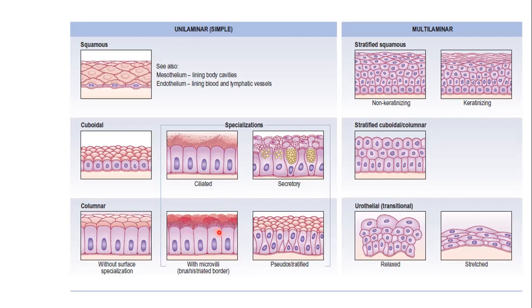Different from cilia, which is for movement, microvilli is for increasing surface area for absorption. So we find microvilli, a lot actually of them, in the proximal convoluted tubule. In the distal, the microvilli is there, but they are few.